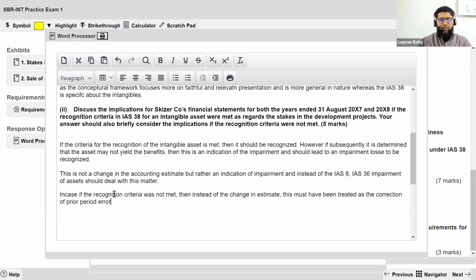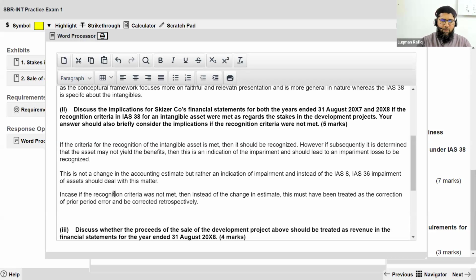This should have been treated as a correction of prior period error and be corrected retrospectively. You get my point? It's not a change in estimate, it's an error. If it's not meeting criteria, it's an error.